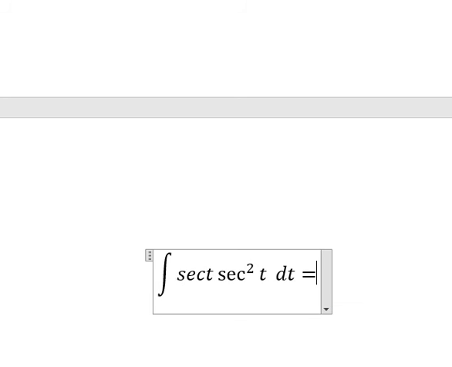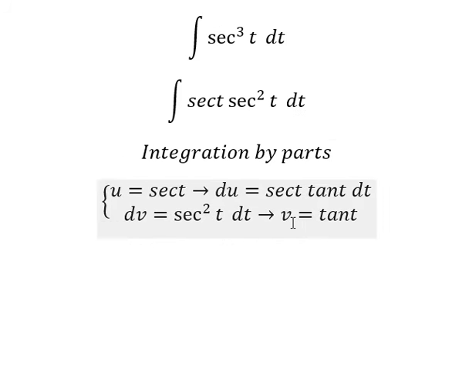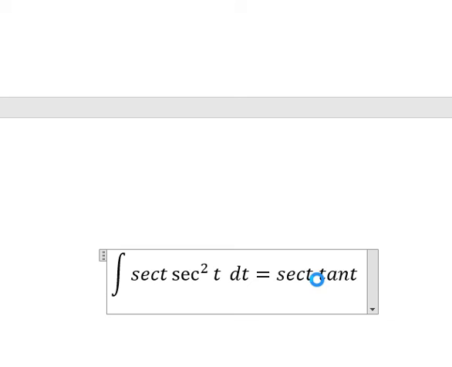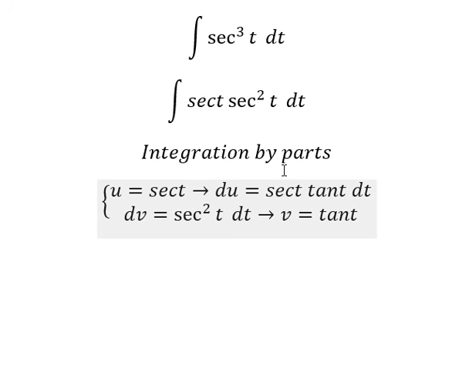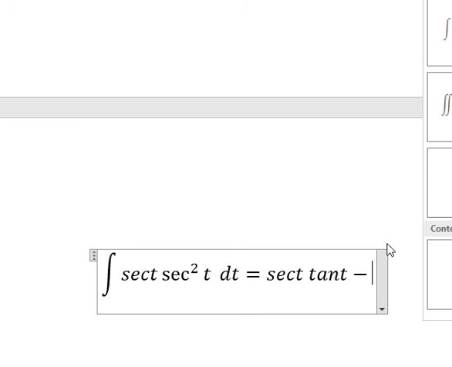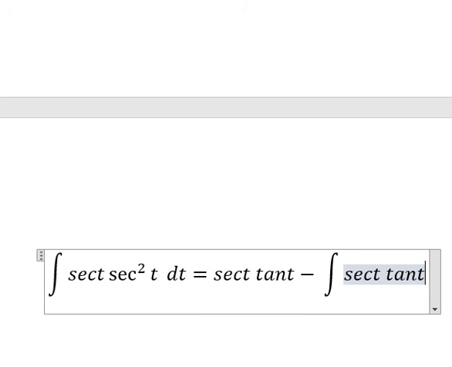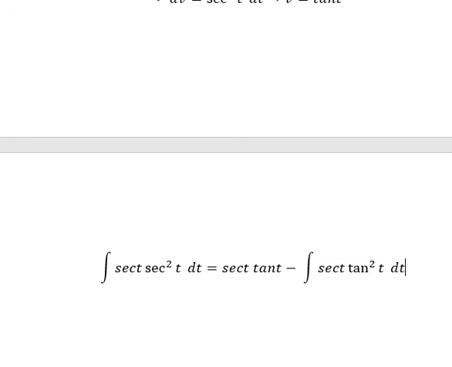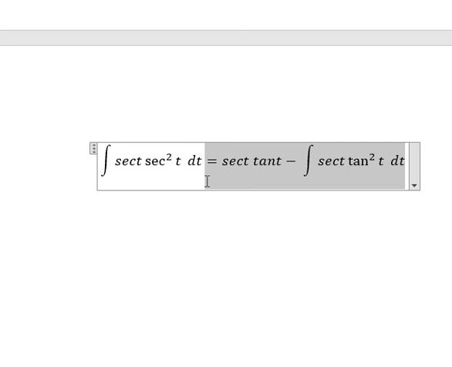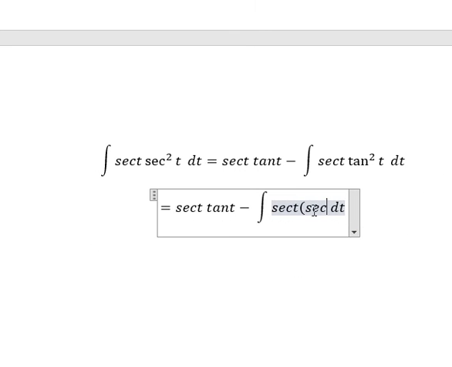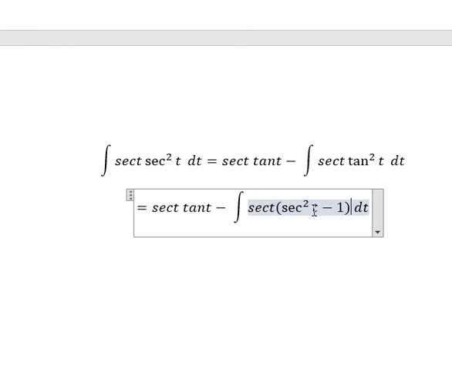So we have u multiplied by v, minus du multiplied by v. About this one, I can put it as secant squared t minus 1.